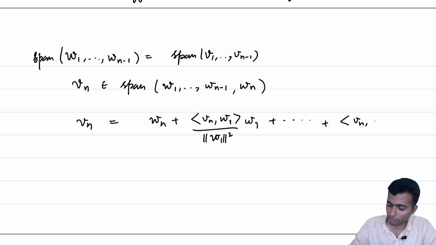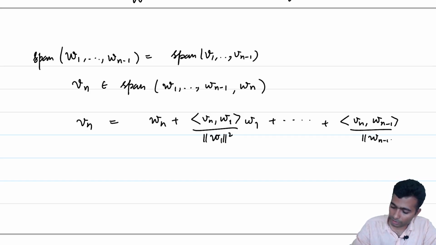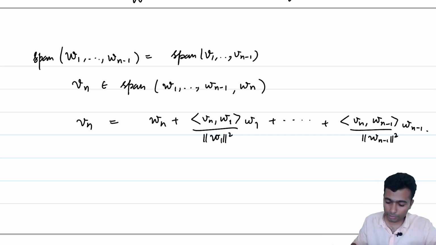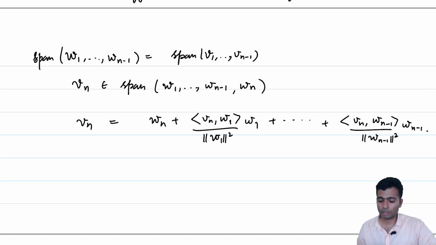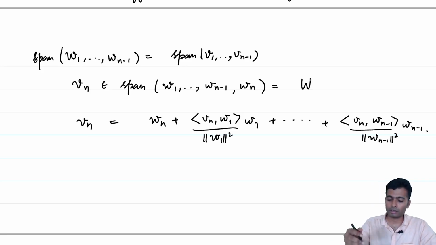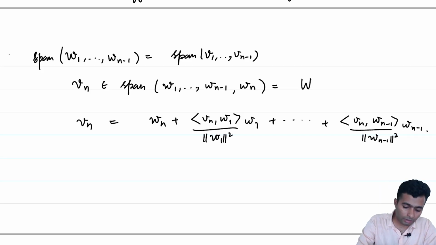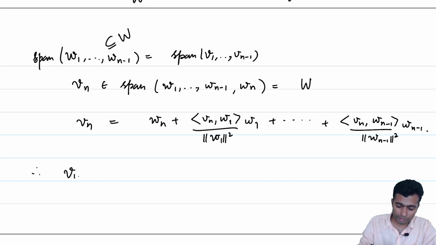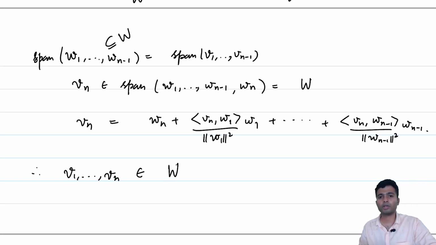This will be Vn comma Wn minus 1 by length of Wn minus 1 square times Wn minus 1. So yes, Vn belongs to the span of W1, W2 up to Wn, which is W, and therefore V1 to Vn certainly belongs to the span of W1 to Wn, which is equal to W.